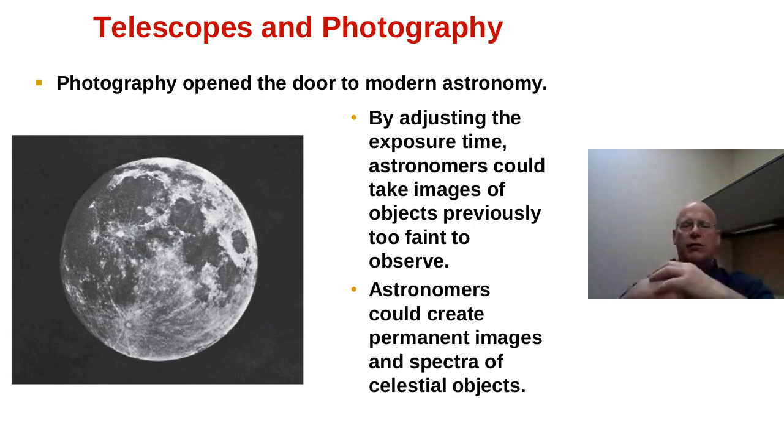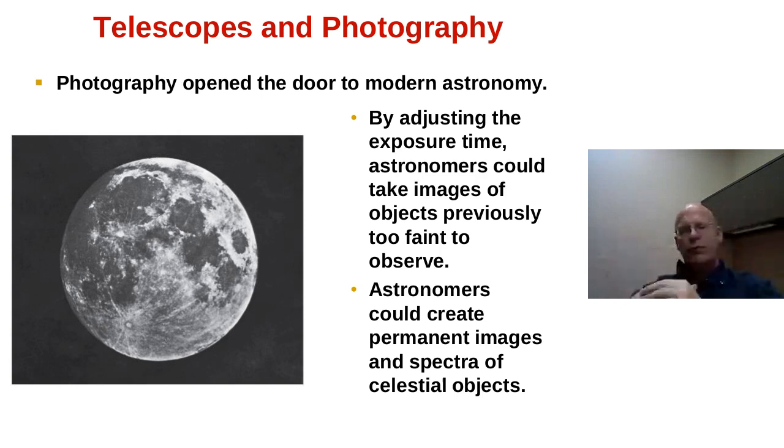The next revolution in astronomy was actually photography. As I said, this allows a permanent image. The ancient astronomers had to be artists as well as scientists. They had to draw pictures of what they were looking at in order to tell somebody about it, other than inviting them over to look through their telescope.